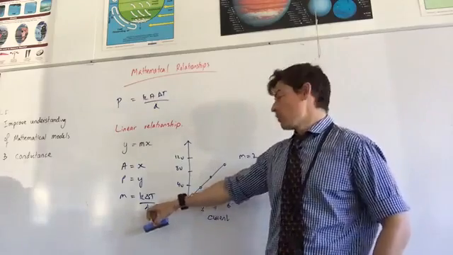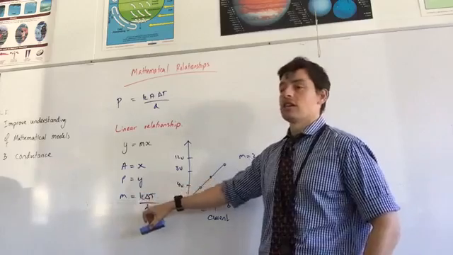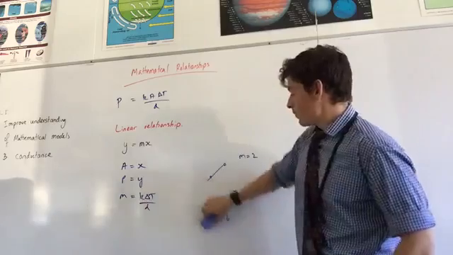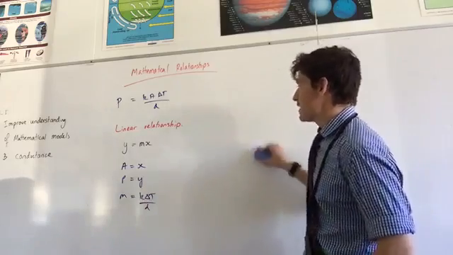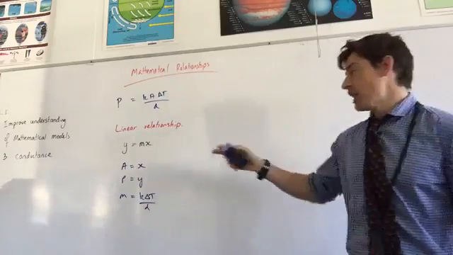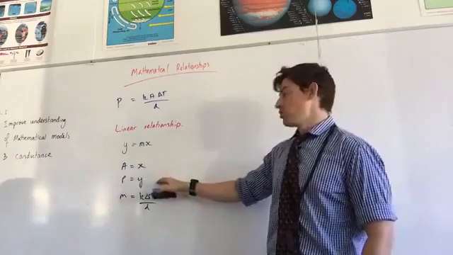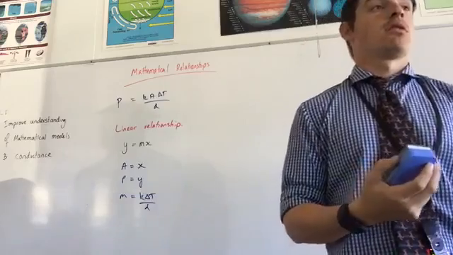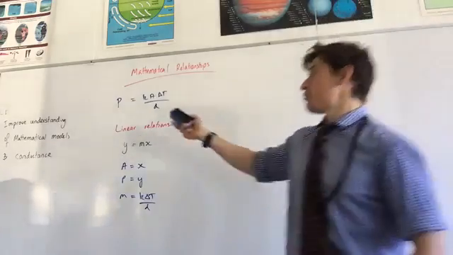Not really, because we don't know what k, delta T and our thickness are. But if we tested those things and we found a linear relationship, if we changed A and found that it changed P in a straight line, what would that prove to us? Would that prove or disprove this function?